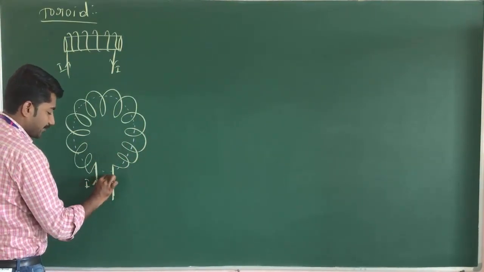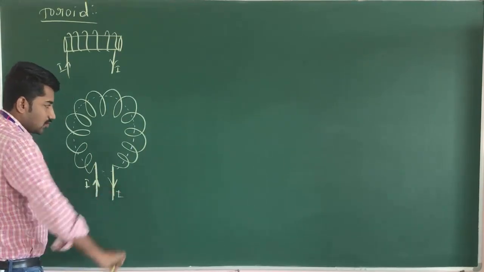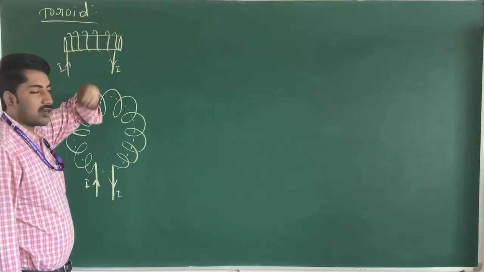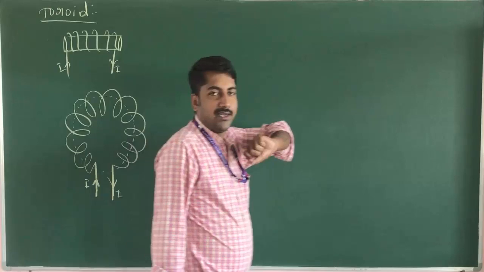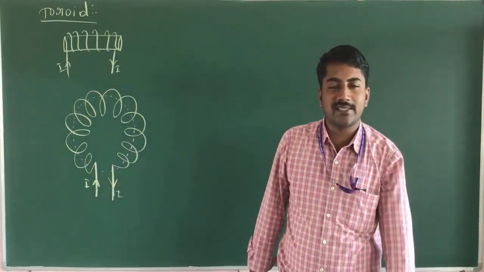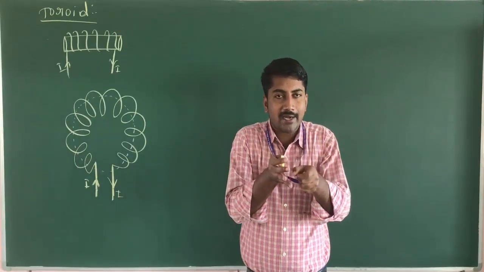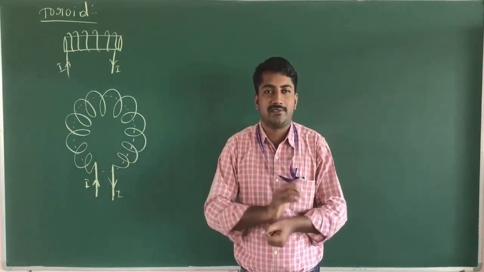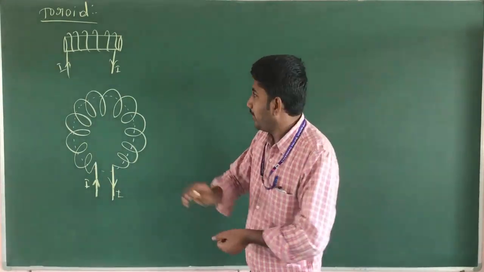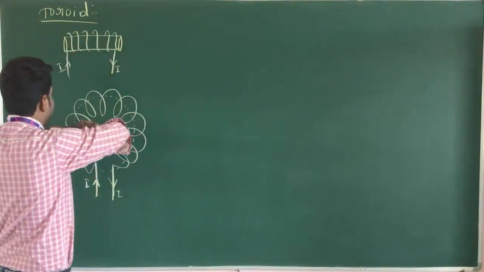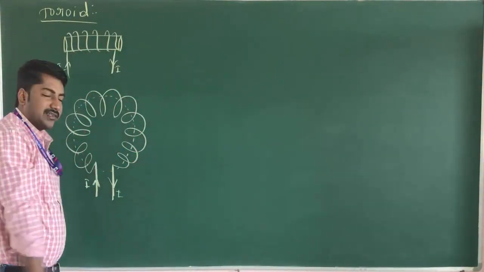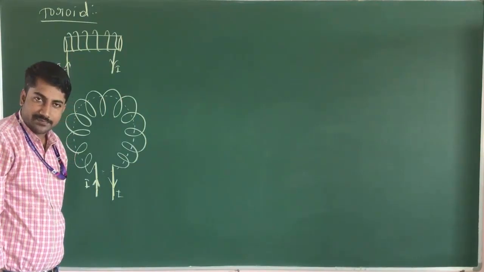Here I is the current in this toroid. This is the structure of a solenoid. A solenoid is a long cylindrical coil. It consists of n number of closely packed circular rings. Then when this solenoid is bent into the form of a circular ring, it is called a toroid.